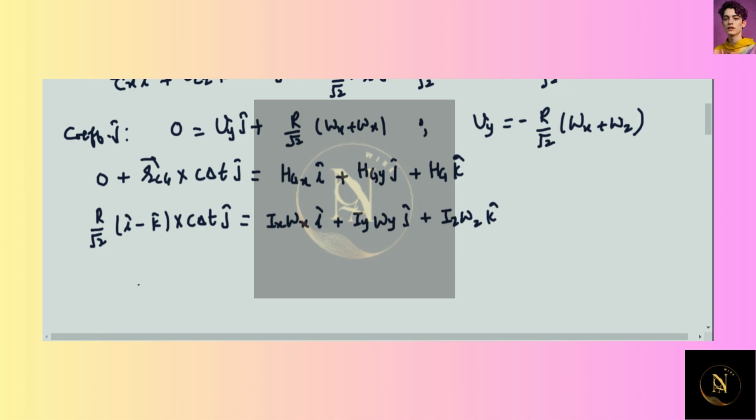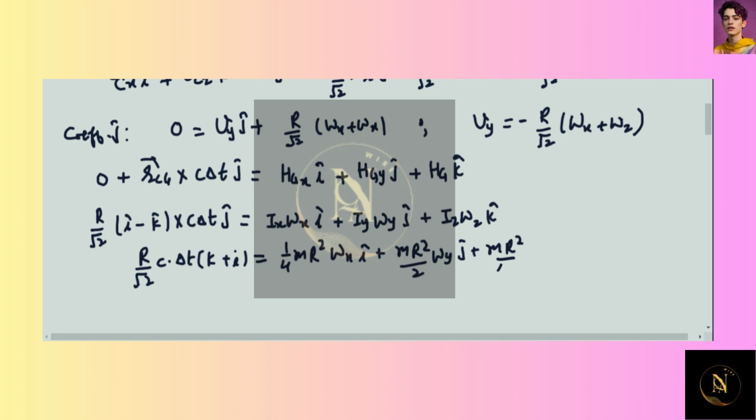So this can be written as r upon root 2 C delta t k plus i, 1 by 4 mr square, the moment of inertia along x-axis of the disk, plus mr square by 2 omega y j cap plus mr square by 4 omega z k cap.